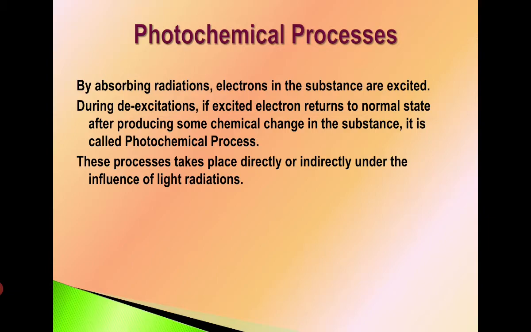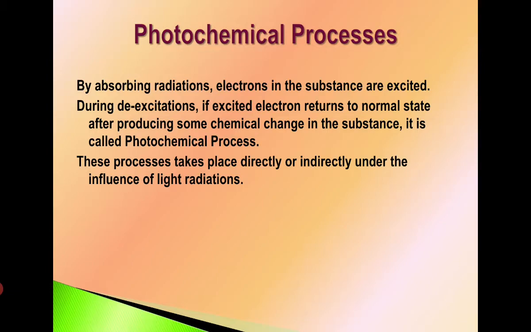Next, photochemical processes. By absorbing radiations, electrons in the substance are excited. This is the primary process. During de-excitation, if the excited electron returns to the normal state after producing some chemical change in the substance, it is called a photochemical process.